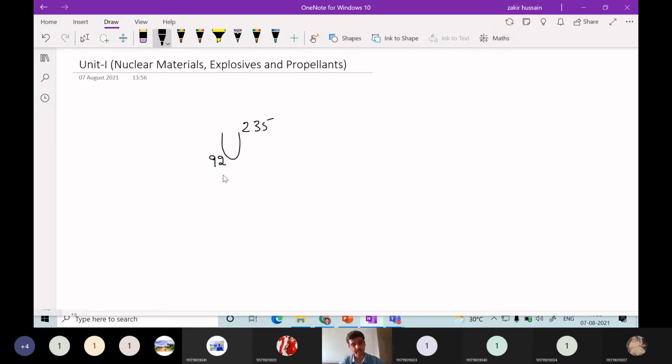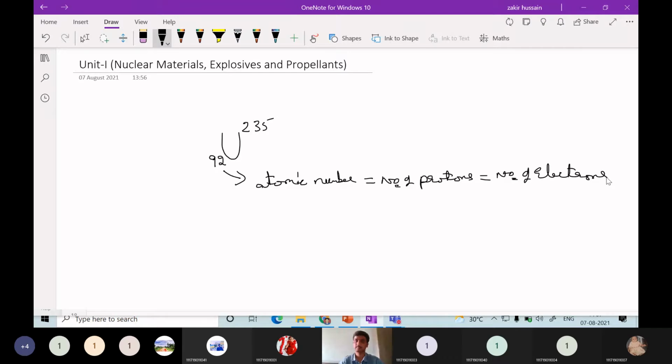What is the meaning of this 92? This 92 is nothing but the atomic number. The uranium atomic number is 92, which is also equal to the number of protons, and also equal to the number of electrons.